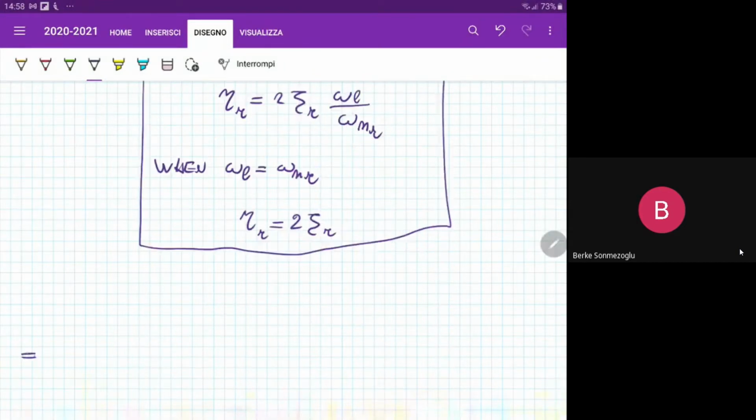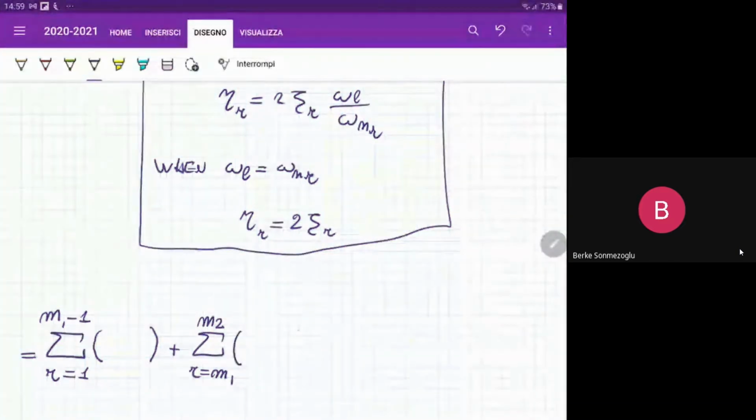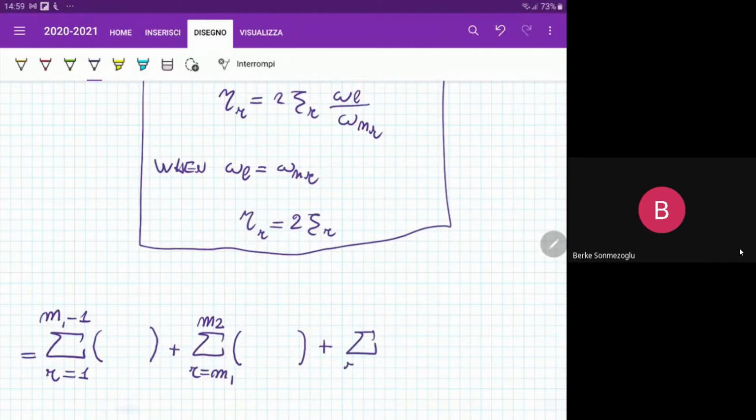So let me write that as a summation from the index r going from 1 to, let's say, m1 negative 1, all the previous quantities, plus the summation from r going from m1 to m2, all the previous quantities, plus the summation from the index r that goes from m2 plus 1 up to infinity, and then we are considering all the previous quantities.